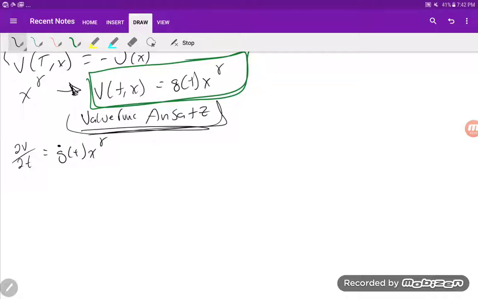So that'll be the first derivative with respect to time. Remember, we also need the first partial spatial derivative, which we called p. So that'll be equal to g. Those are g's, by the way, not 8's. I apologize for my sloppy handwriting. So you bring the gamma down.